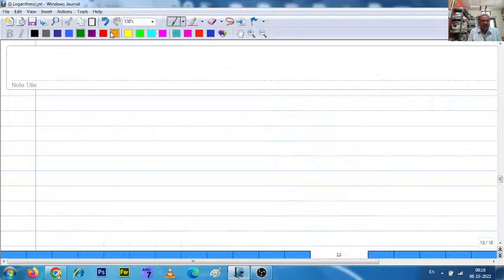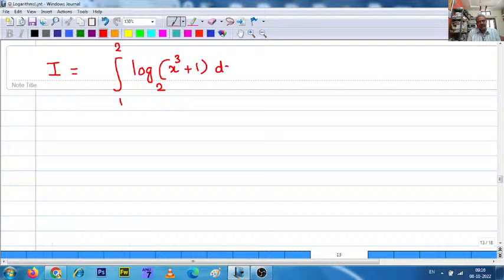See now what we need to find out. Our problem is I equals integral 1 to 2 log of x cube plus 1 to the base 2 dx plus integral 1 to log 9 to the base 2 of 2 power x minus 1 all to the power of 1 by 3 dx.